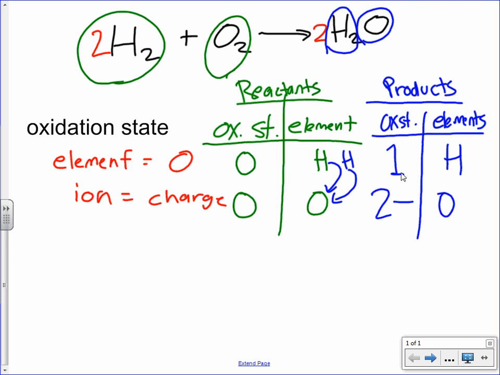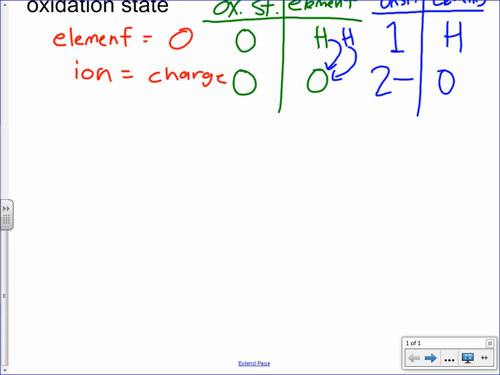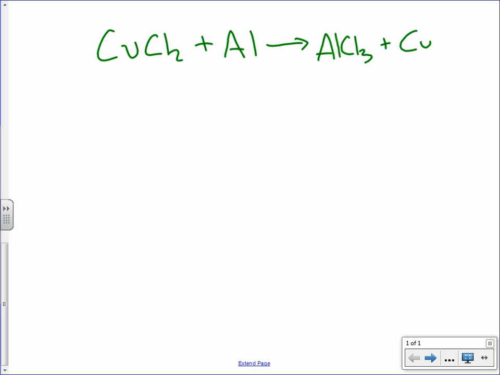Okay? Let's try another example. Alright, let's try a decomposition. Well, let's mix it up a little bit. Let's do a single replacement. We're going to have copper chloride reacting with aluminum, okay, to form aluminum chloride and copper.